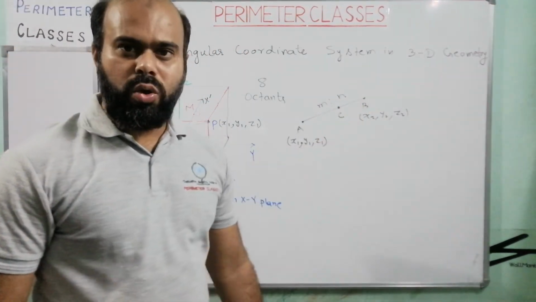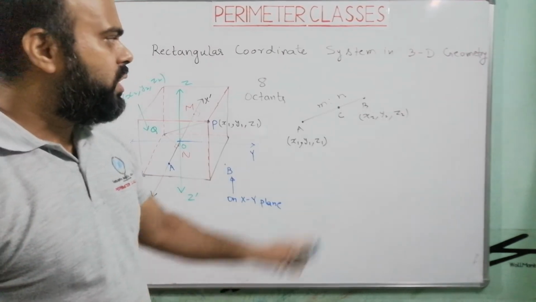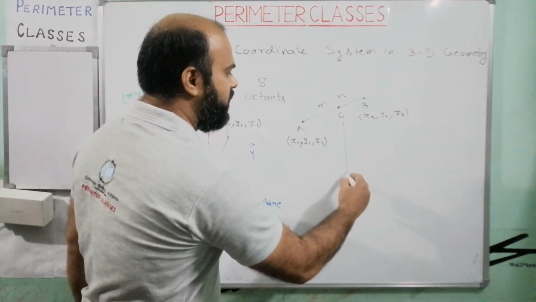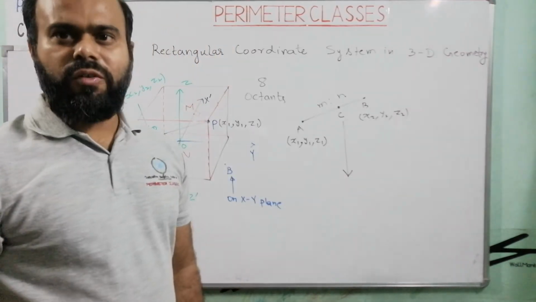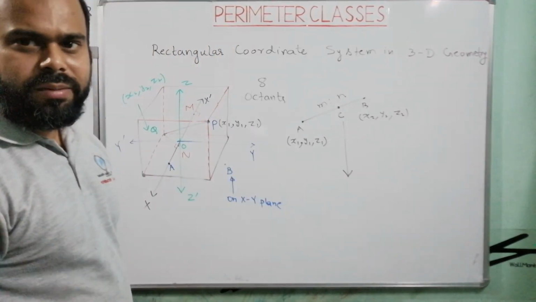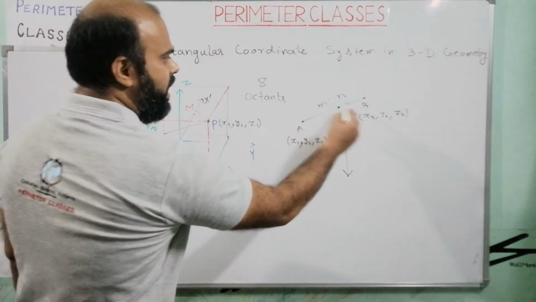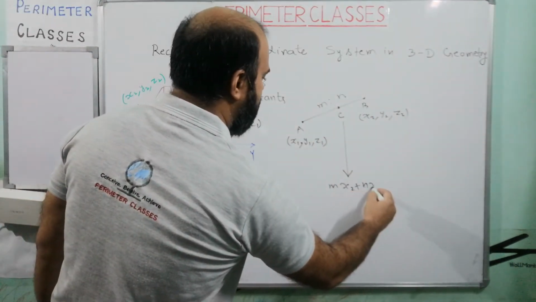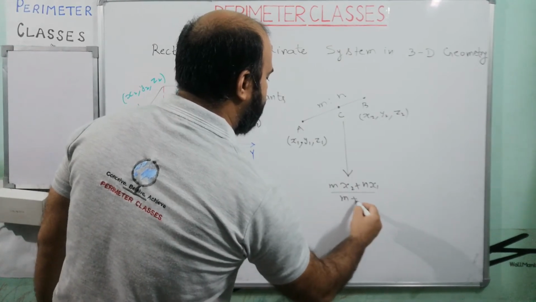A, B, C are collinear points here. So in that case, what is the coordinate of C? Here also there is an extension of the formula of two-dimensional geometry, which says that it is (mx2 plus nx1) by (m plus n).